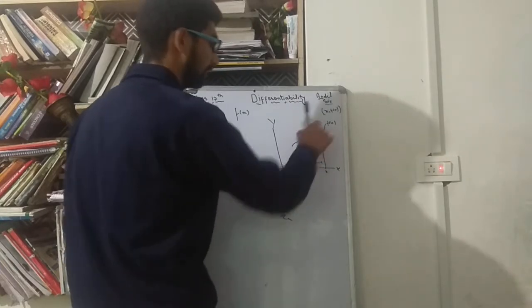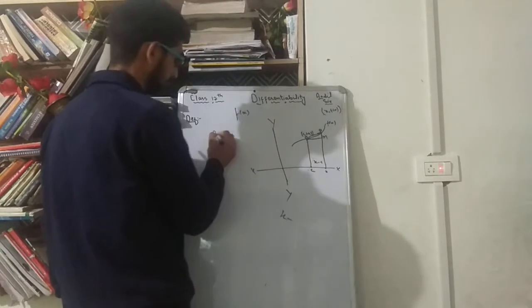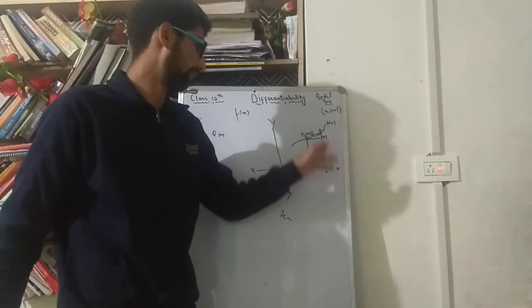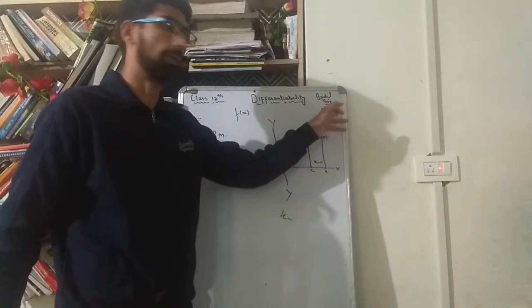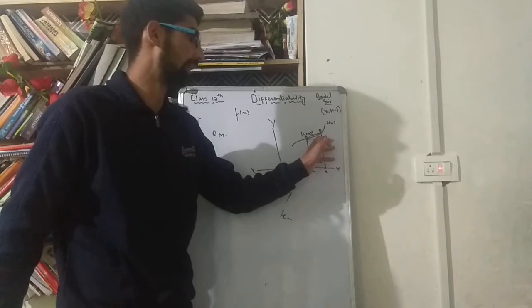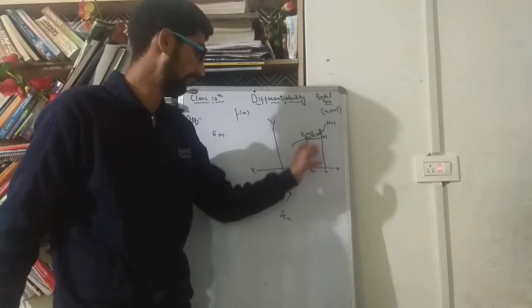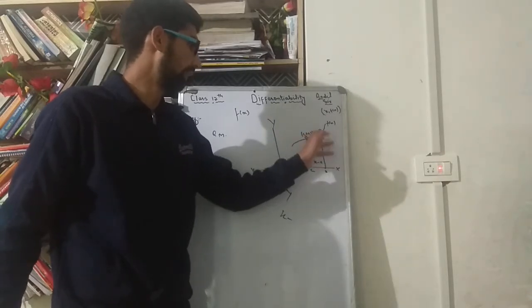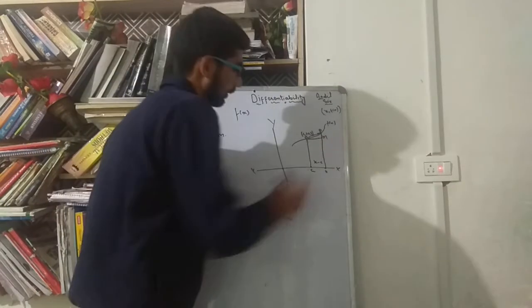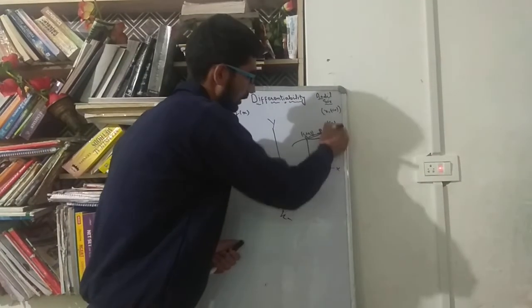But what is the distance QM? The distance PC is f of C, and the whole distance is f of x.